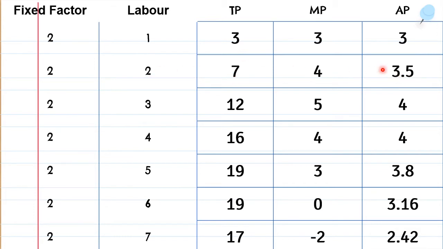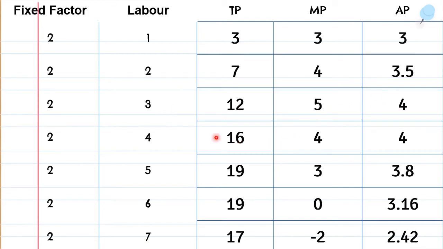So 7 divided by 2 is 3.5. So that tells us that each laborer from this 2 contributes 3.5 units of the product. Then again we can see per laborer in this group of 3, how much do they produce on the average? So how do we find that out?